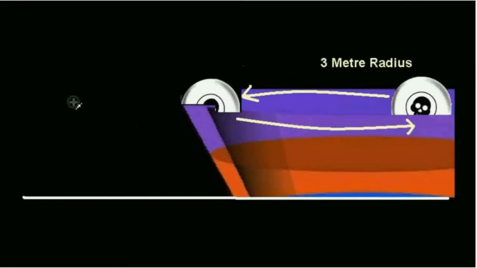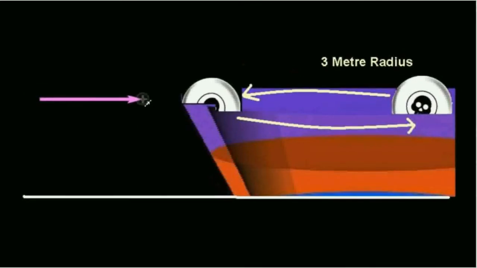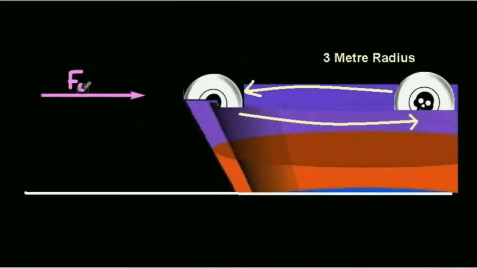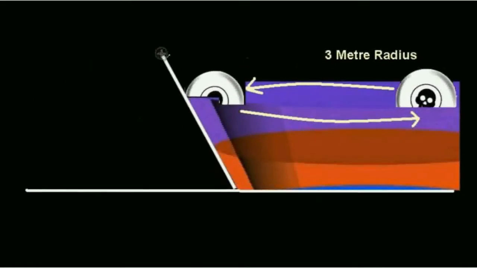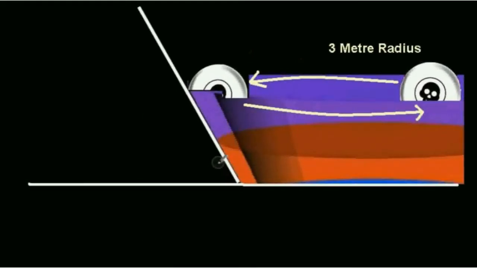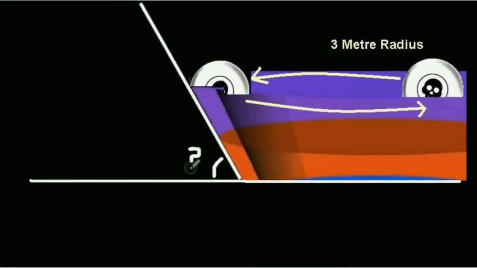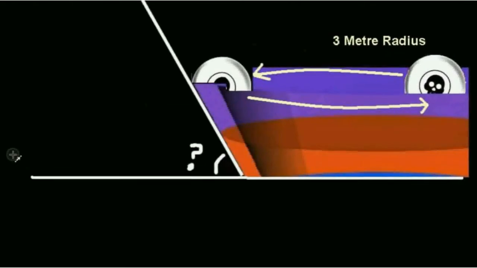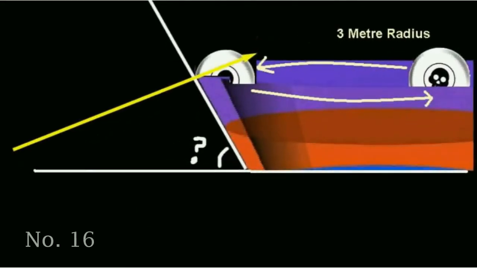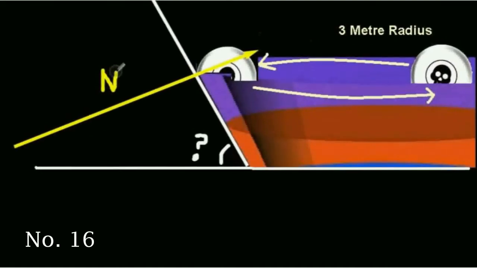Once the ball has made it to the top of the funnel, its horizontal speed is equal to its orbital speed, and the ball rotates around at the top, and it's the banking of the track, or the angle of the funnel wall, that keeps the pressure on the ball to maintain its circular motion.